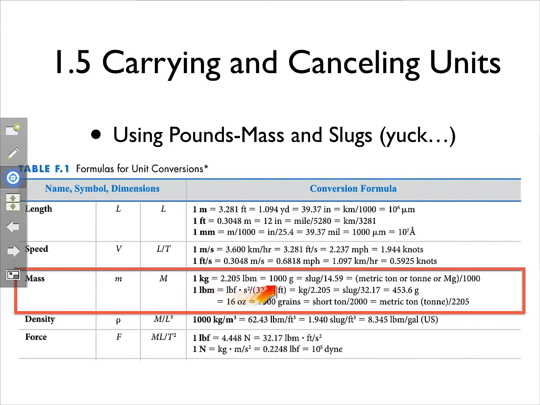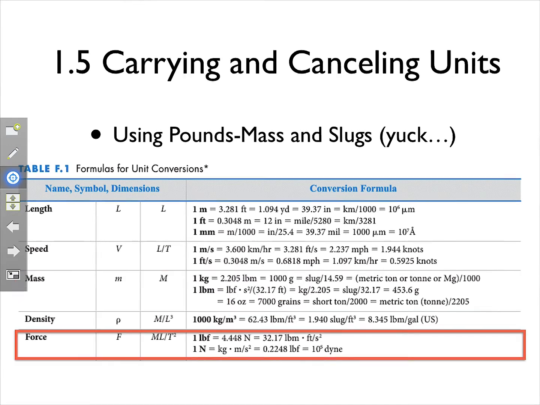If you're going to have to use slugs, you're going to use a different conversion factor from kilograms to slugs. You're going to take 1 kilogram equals 1 slug divided by 14.59, and so this is how we have to remember that slugs and pound mass are units of mass.